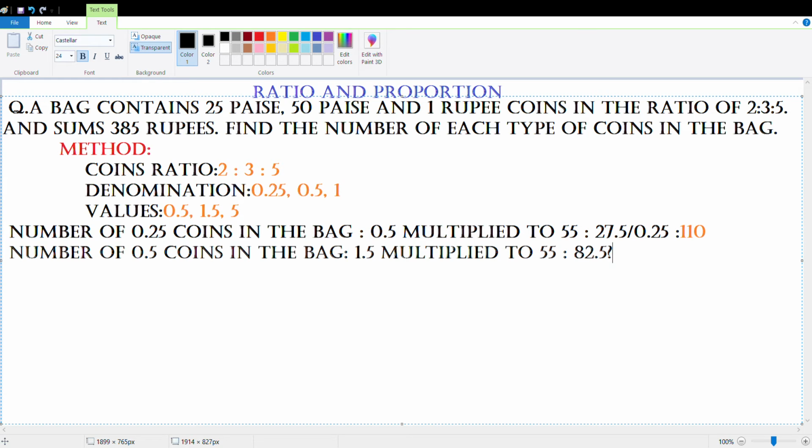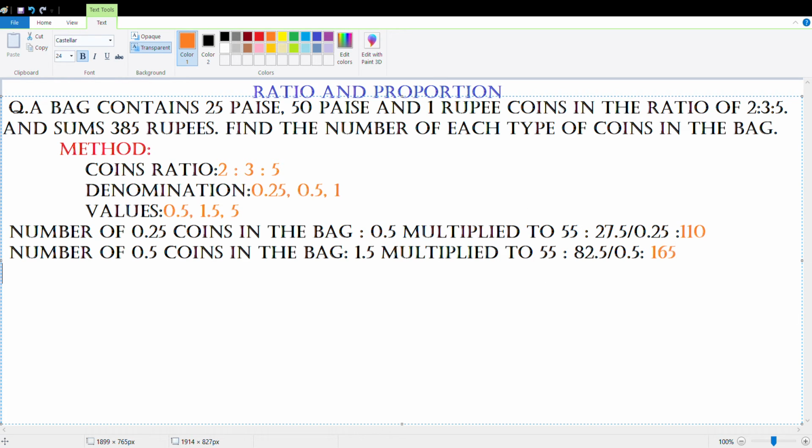So what are we trying to solve? The number of 0.5 coins in the bag. So we do 82.5 by 0.5. I'll solve this. So this would be 165. So we solved this too. So the number of 0.5 coins in the bag would be 165.